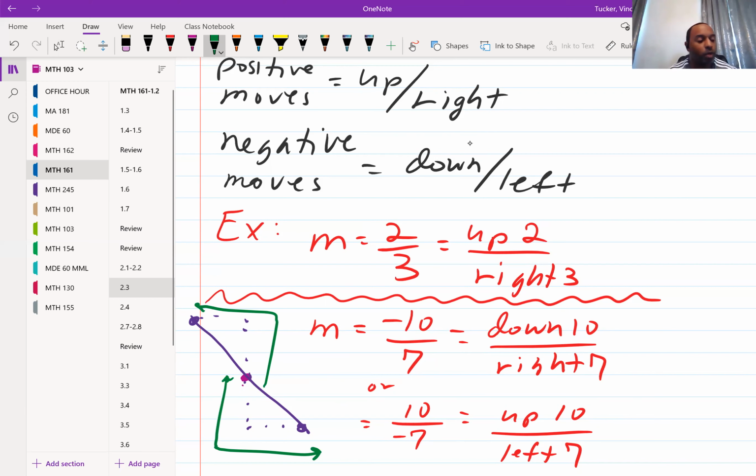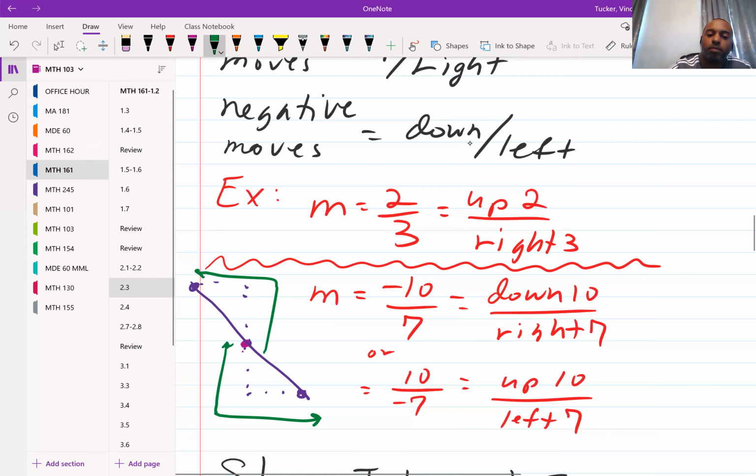Just give the negative to one of them and then apply the directions accordingly. Questions on that? Can I scroll up?